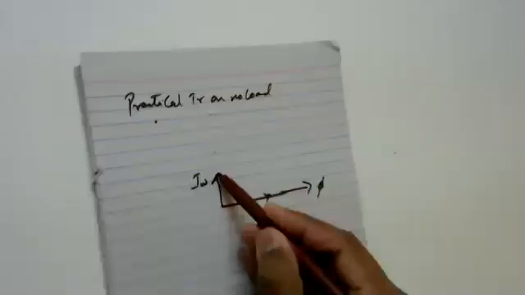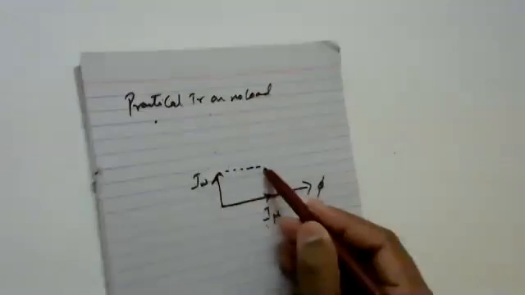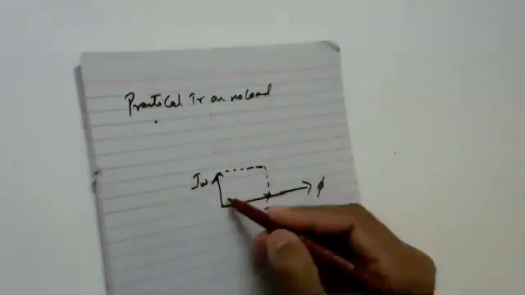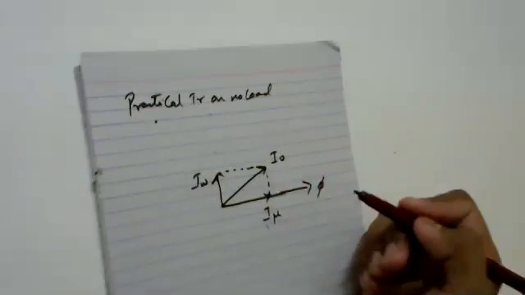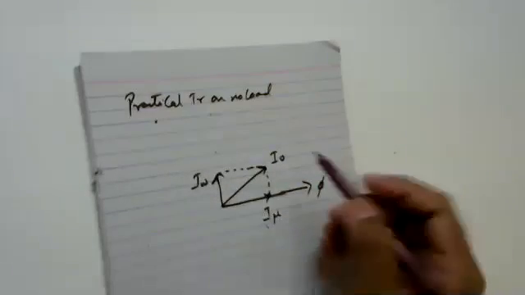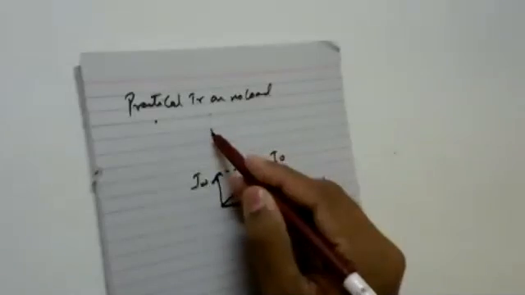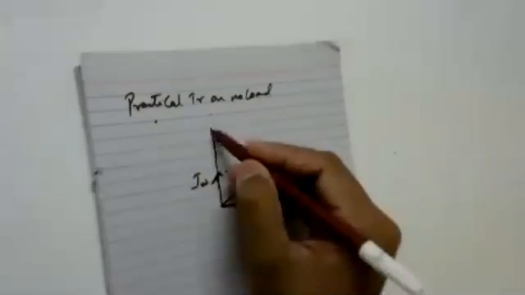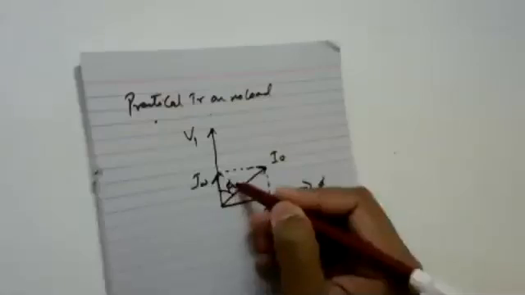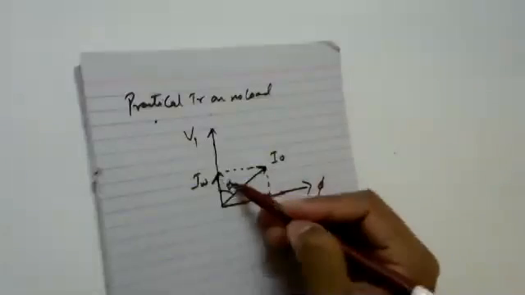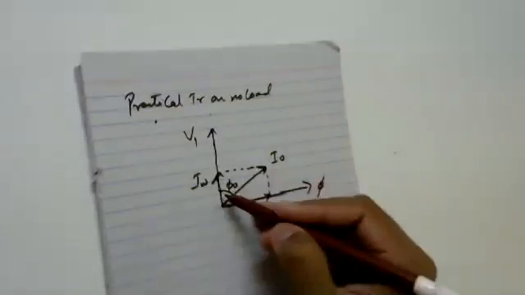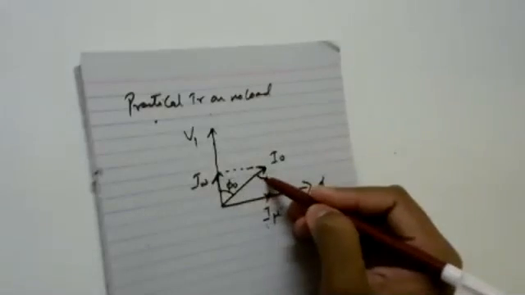Now when I take the resultant of these two vectors, this gives me my I naught. This I naught makes some angle with the applied voltage, and this angle is phi naught. If this is phi naught, then this adjacent angle also will be phi naught.